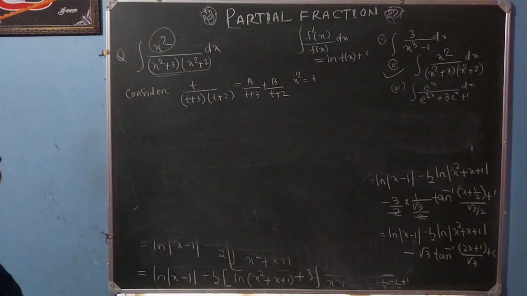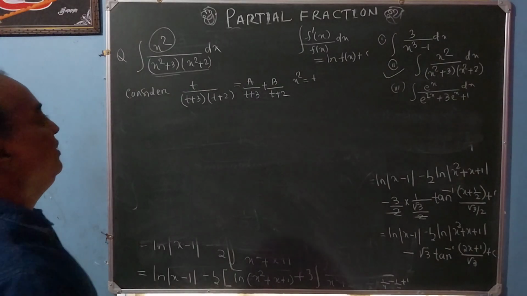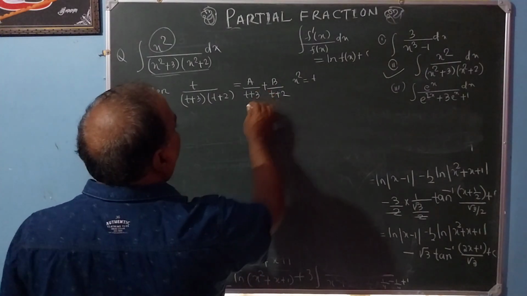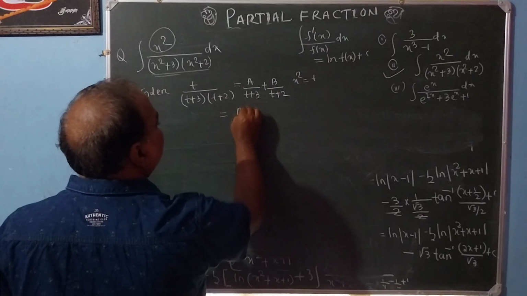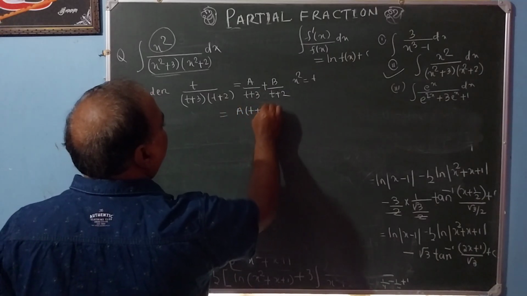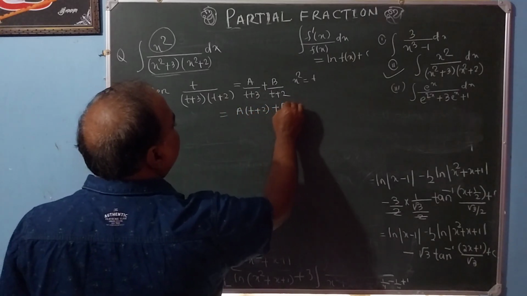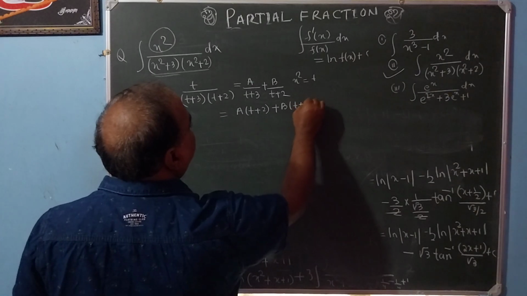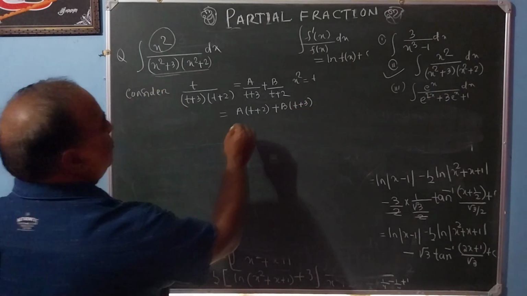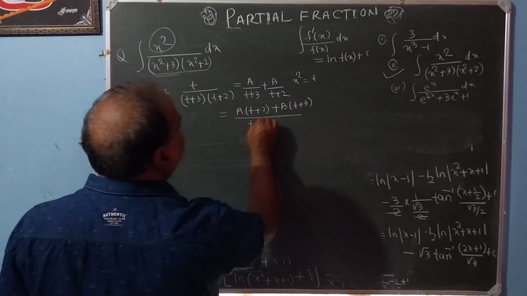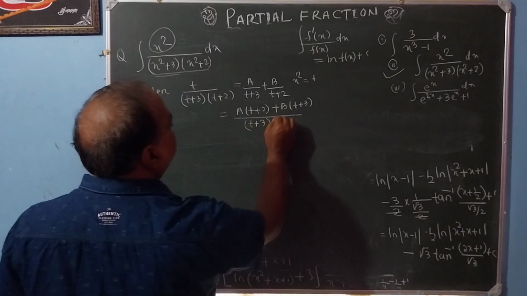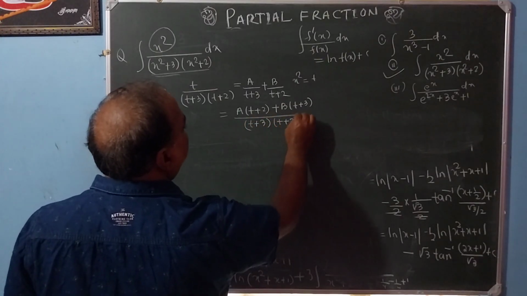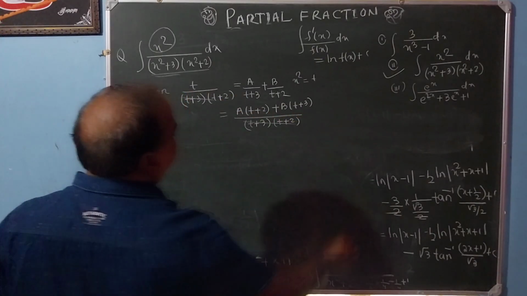Our aim is to find out the value of a and b. How can you find out? So that is a(t plus 2) plus b(t plus 3), okay, so that is (t plus 3) whole into (t plus 2). So this is cancelled with this.